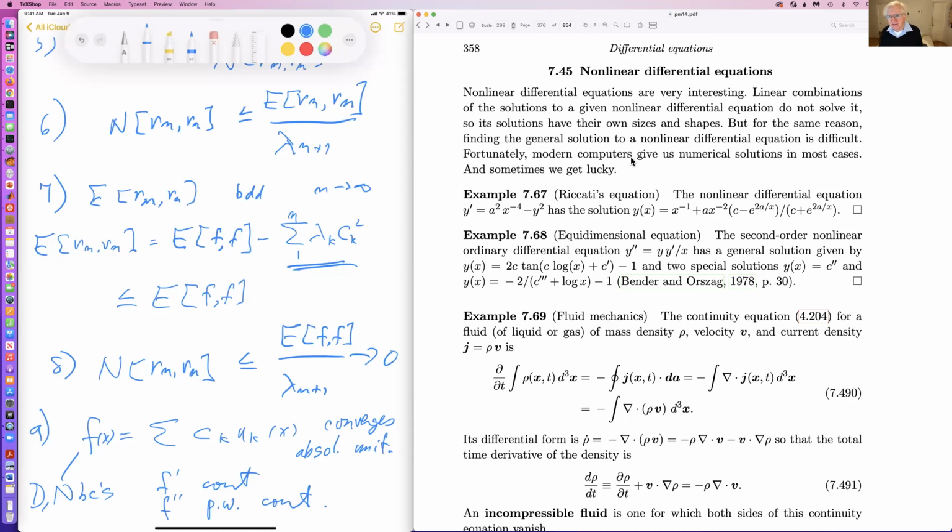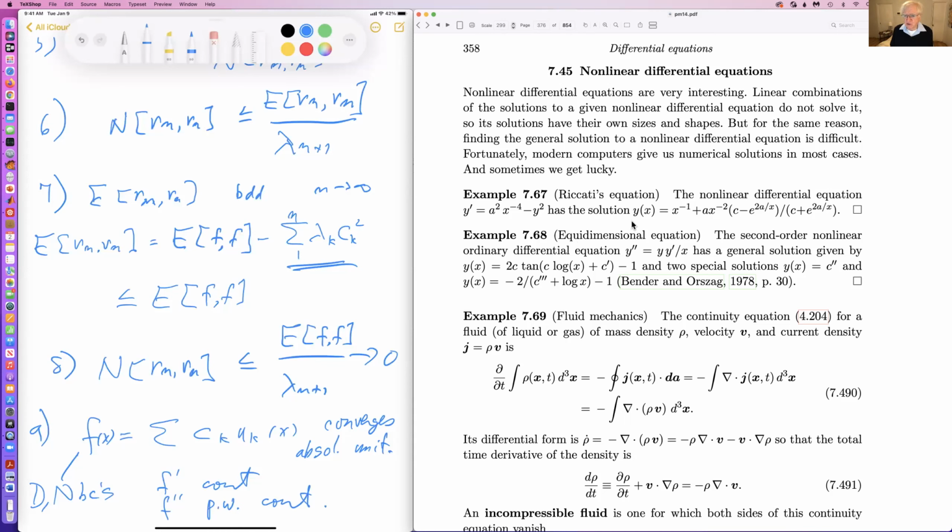Now, fortunately, modern computers allow us to integrate nonlinear differential equations numerically, at least, and so numerical solutions are available as long as one has finite numbers of degrees of freedom. Of course, in quantum field theory, you have infinitely many degrees of freedom, and numerical solutions are touch and go.